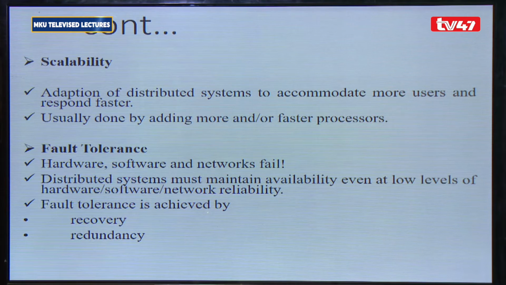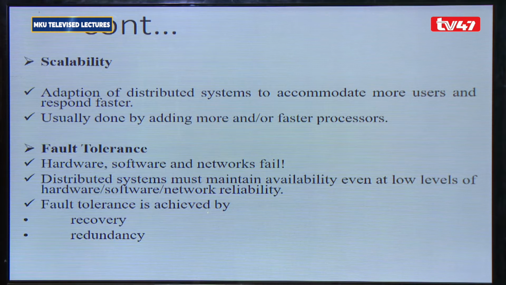We say that you increase the number of users and the speed remains the same. So a distributed system should be scalable, and that brings a point of processors, the CPU. Whenever you think about a distributed system, you should think about faster processors because of the scalability increasing. And then the last thing is fault tolerance.